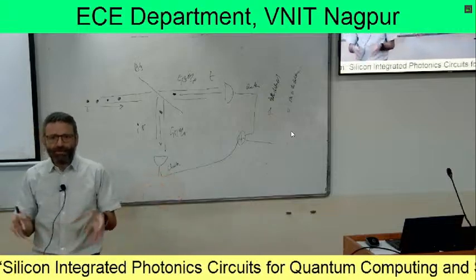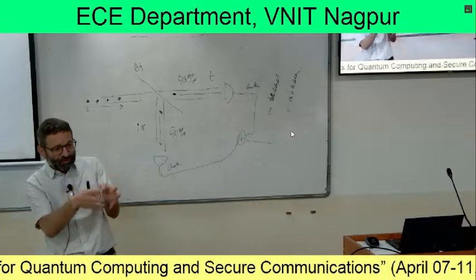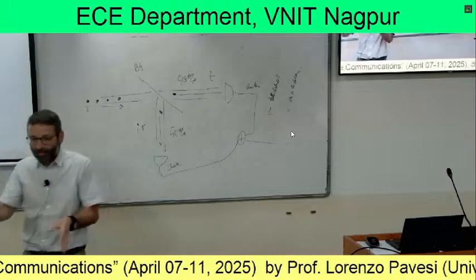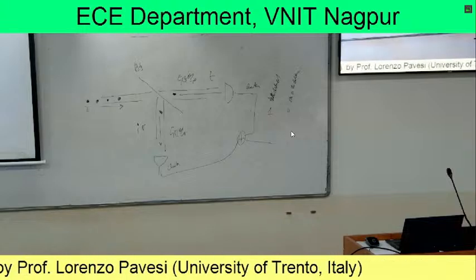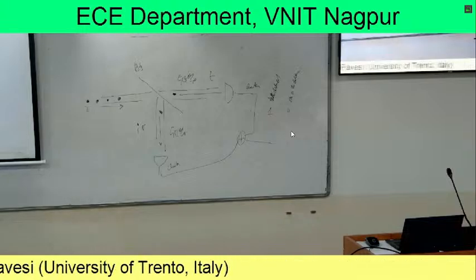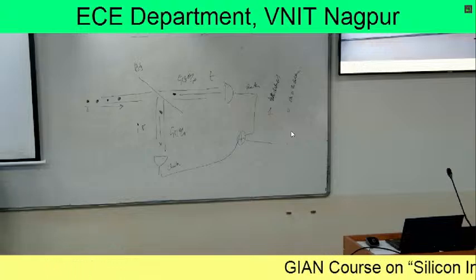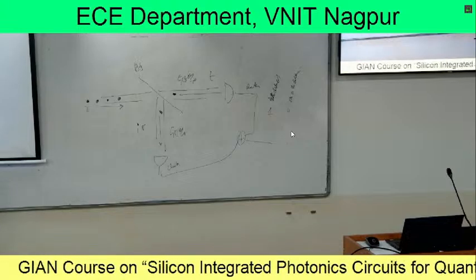Okay? In a thermal emitter, you may end up with two photons that are emitted at the same time. In a coherent laser, you have a Poissonian distribution of the emission. So many events with a single photon, many events with two photons, and so on and so forth. And therefore, if you do this kind of experiment with a laser, you do not get this 0. Okay?